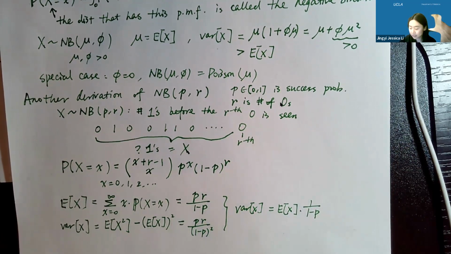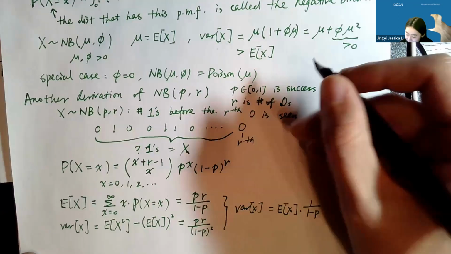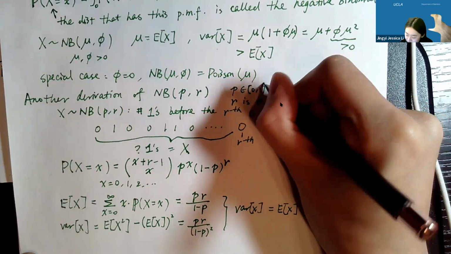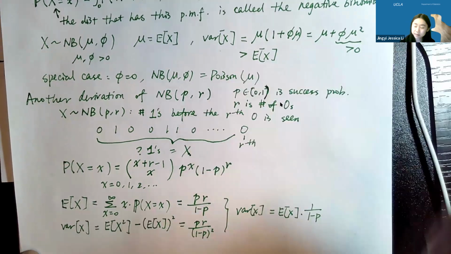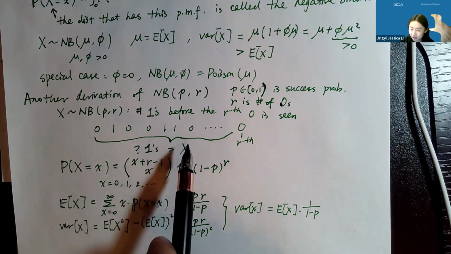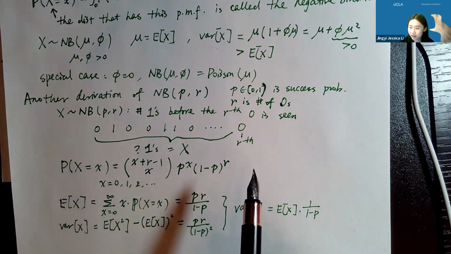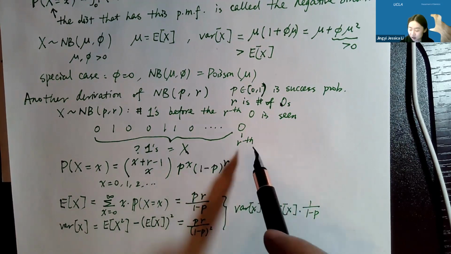And here we need to say one thing. If you think about this derivation, the p must be less than 1, so I should change this to open. Why must it be less than 1? Otherwise, if p is 1, when you toss the coin, you will always get 1s. You will never get a 0, so you can never reach the rth 0.